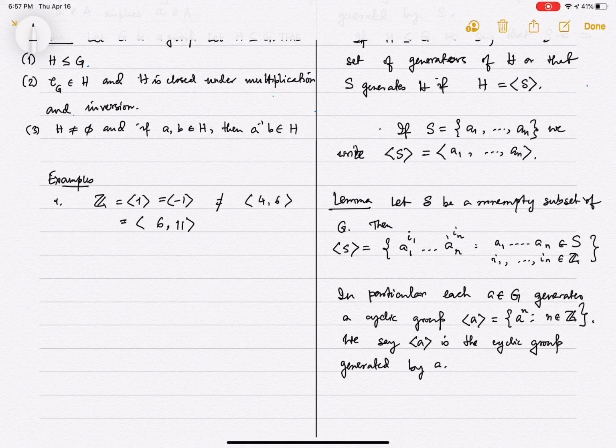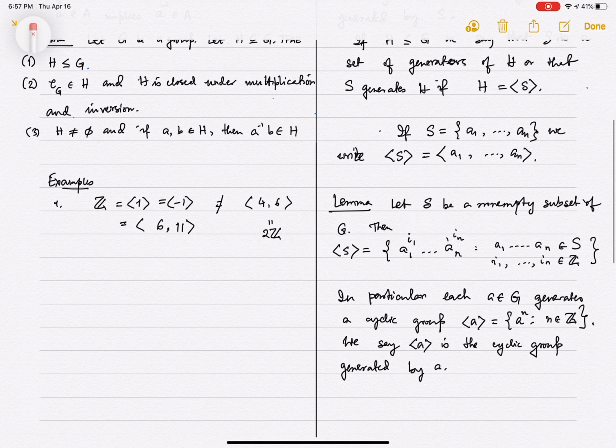So if you take all multiples of 4 plus all multiples of 6, that's what this subgroup is going to contain. And that's actually all multiples of 2. That's a subgroup of Z, you can check. That's not the whole of Z. Okay?